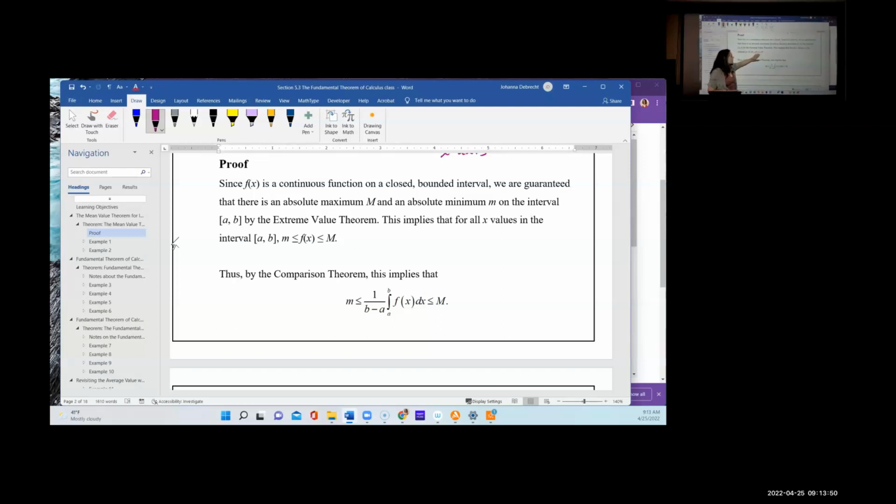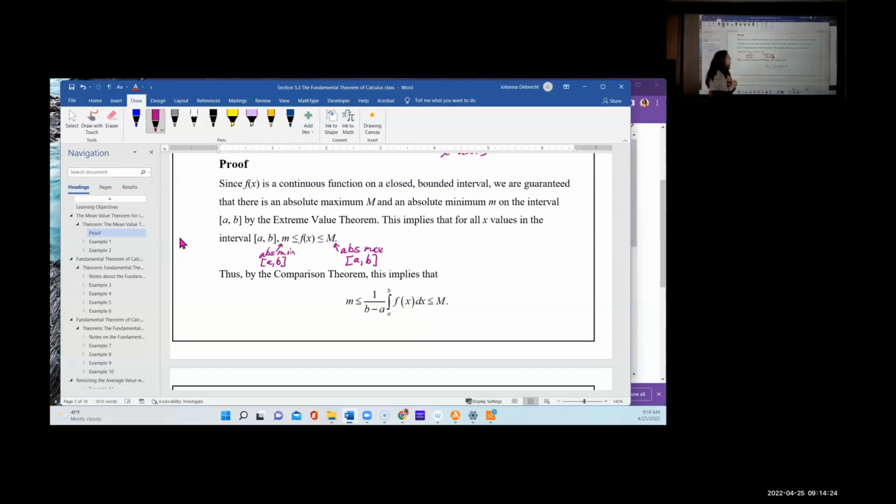So for all the function values in that interval, they have to be between lowercase m and uppercase M, because lowercase m is the absolute minimum on the interval from A to B. And again, it could be occurring at a critical point between A and B, or at A or at B. And uppercase M is the absolute maximum on the closed interval from A to B.